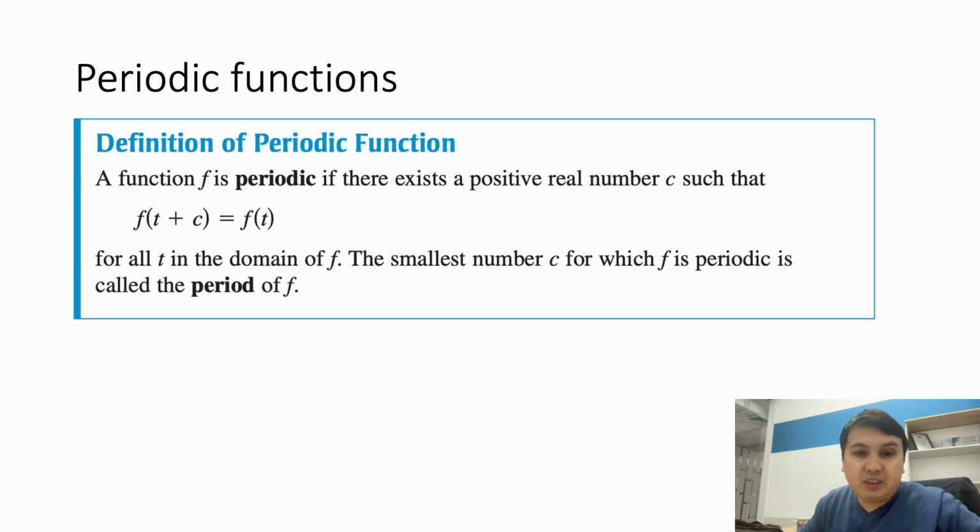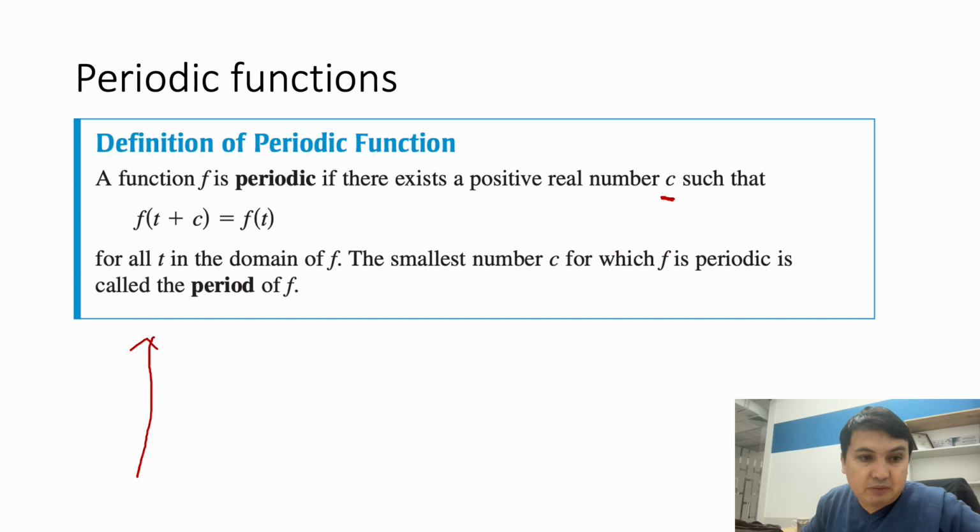A function f is periodic if you can find some number c, positive or negative, such that for every single t, we have f of t plus c is equal to f of t. The smallest such c for which f is periodic, we call the period.